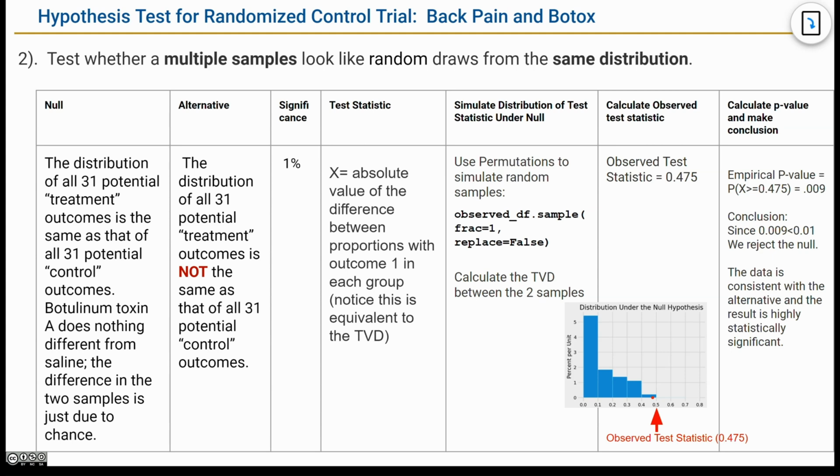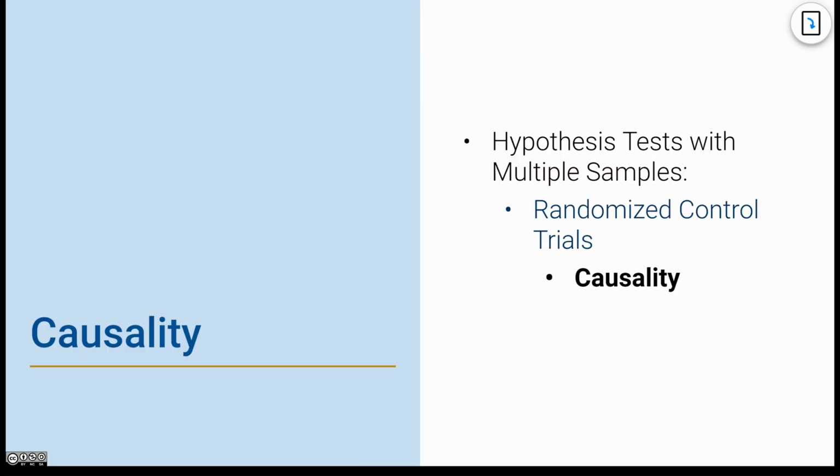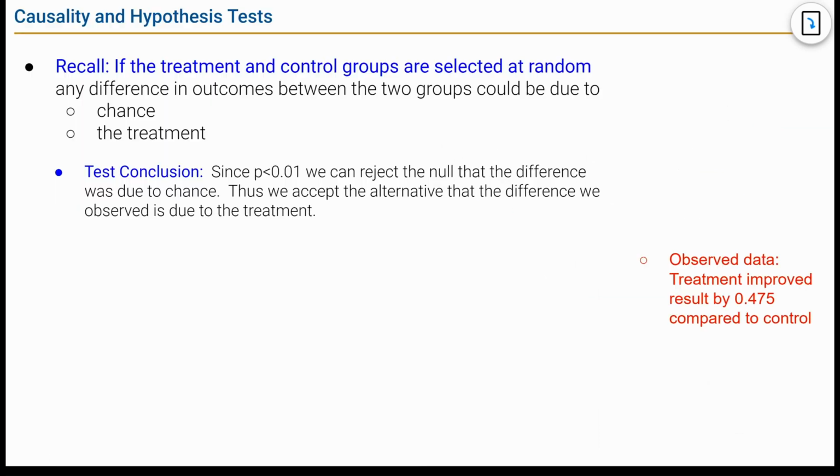We can actually go further with what we can say in this situation because of how we set up the trial. When you set up a randomized control trial and your treatment and control groups are selected at random, any difference in the outcomes is either due to chance or the treatment. Our hypothesis test told us that it's very unlikely the difference was due to just chance.